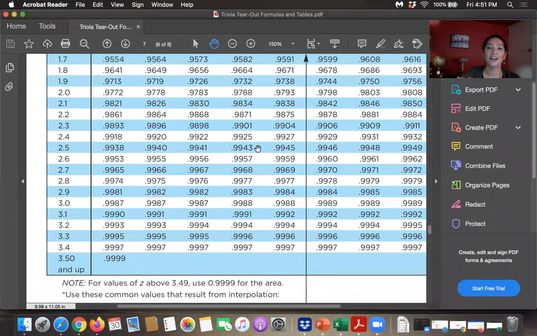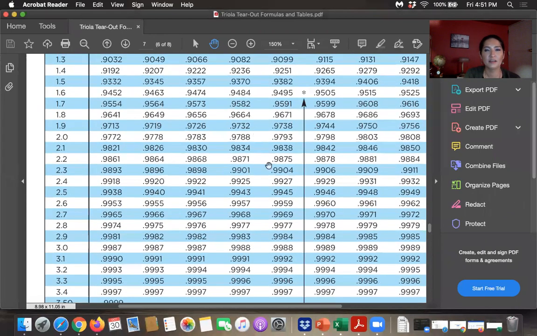So remember, if you've got an area and you're looking for a z-score, you look for the area 0.9900 in the body of the table, because the areas are in here and the z-scores are on the outside edge, remember? So I'm looking for 0.99 and I don't see it, but I see something that's very close. I've got 0.9901. There it is.